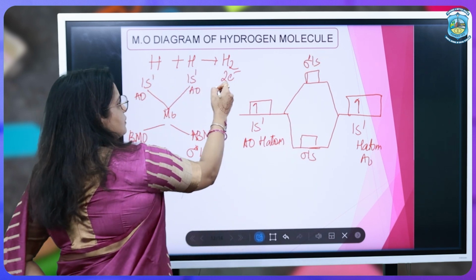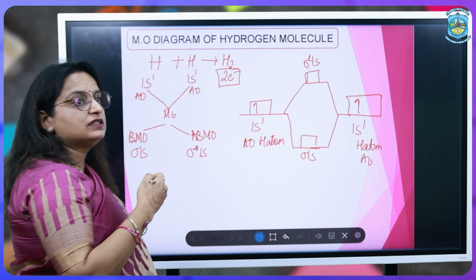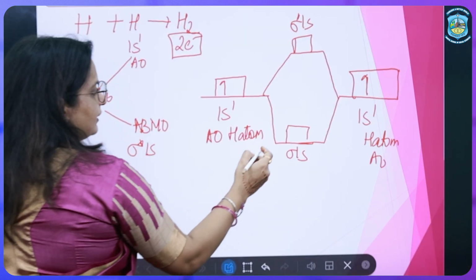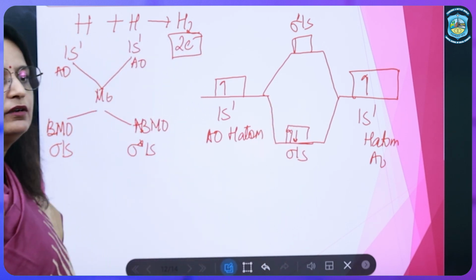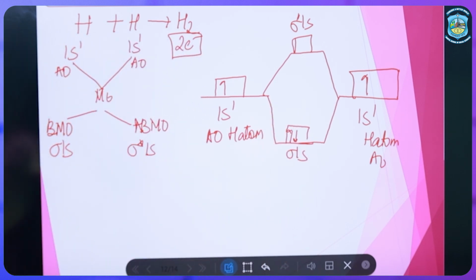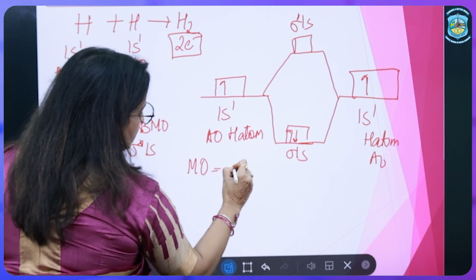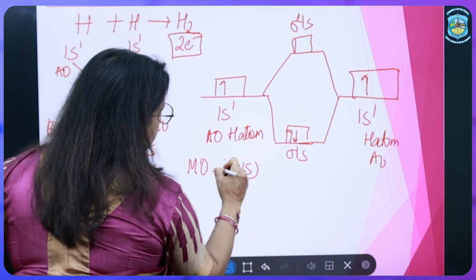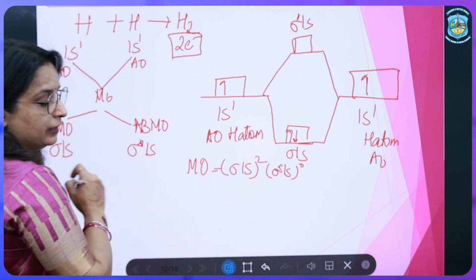Now the total number of electrons present is 2. As we have already studied the rules, both electrons will be present in the lower energy molecular orbital, that is sigma 1s. So the MO configuration comes out to be sigma 1s2 and anti-sigma 1s0.